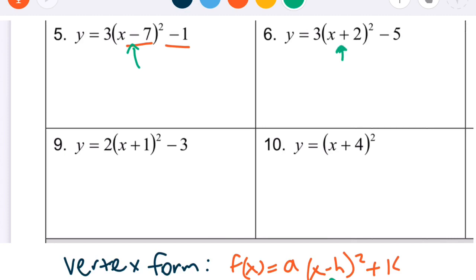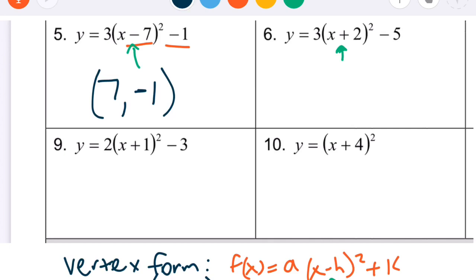But anytime we still have that subtraction sign there, that means that the x value of the vertex is going to be 7, and obviously the y value is going to be -1. So remember, (h, k) is going to be the vertex, and we can get that from the different equations or quadratics that we have.